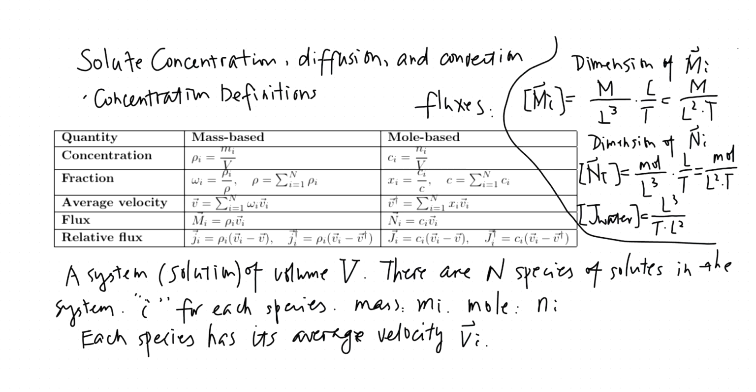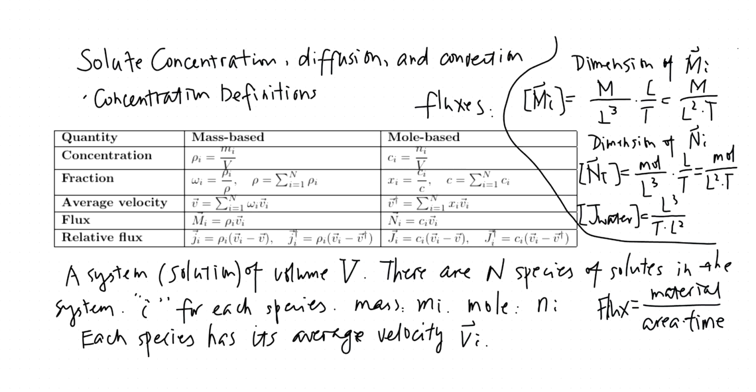That's how flux should be interpreted: flux is material per unit area per unit time. This will help you figure out dimensional problems when you see people talk about flux, and you can check dimensionality as a sanity check.